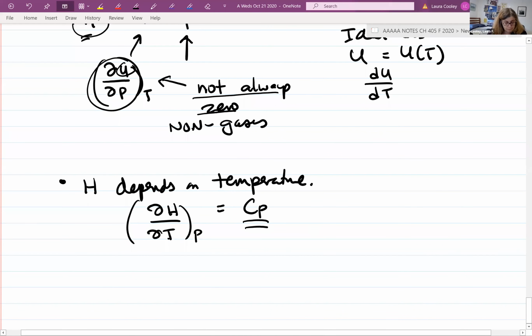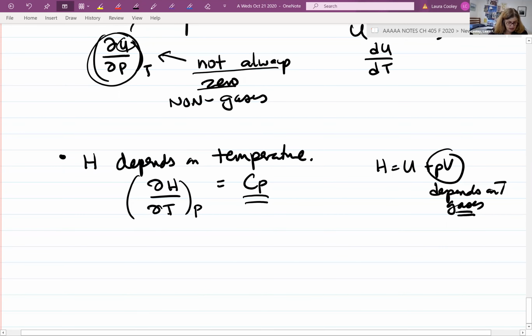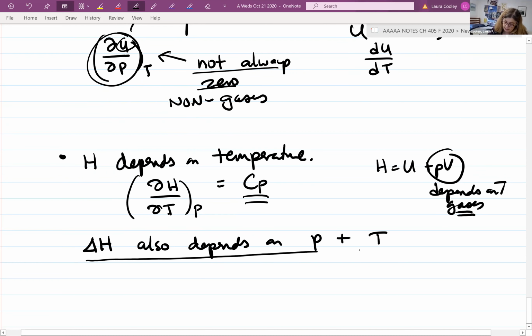And also, H is U plus PV. Clearly, this depends on temperature, at least for gases, because PV is nRT. So there's all kinds of reasons why the enthalpy would depend on temperature. And so therefore, delta H also depends on pressure and temperature. Okay.